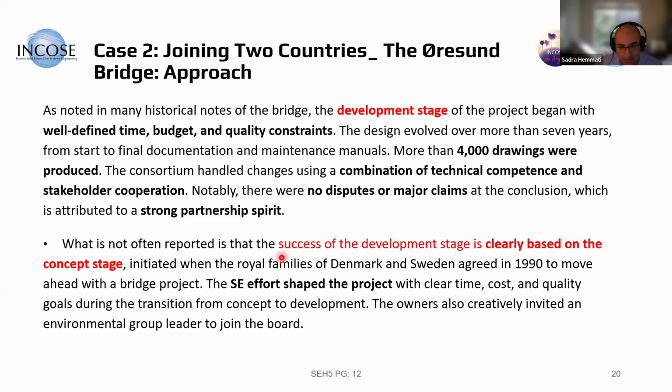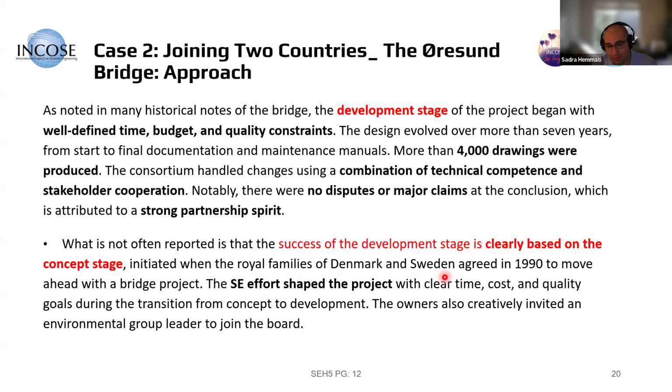The handbook says success of the development stage is clearly based on the concept stage, because the project was binational, meaning that the context of it was beyond one country's rules and regulations. It was needed that at the top, the royal families had good agreement to move forward.